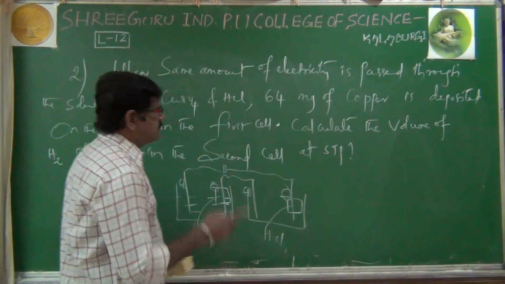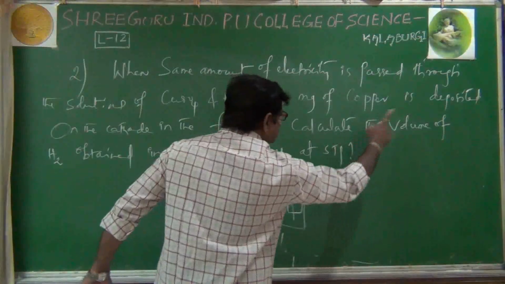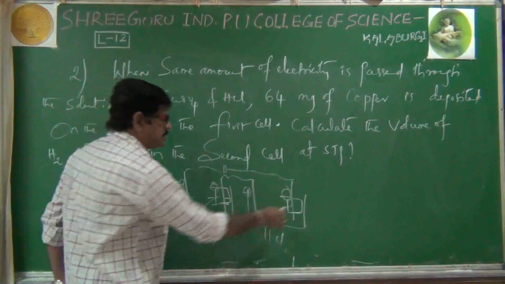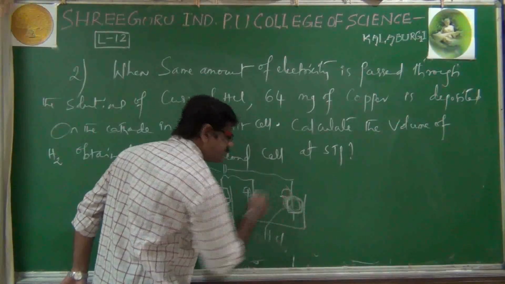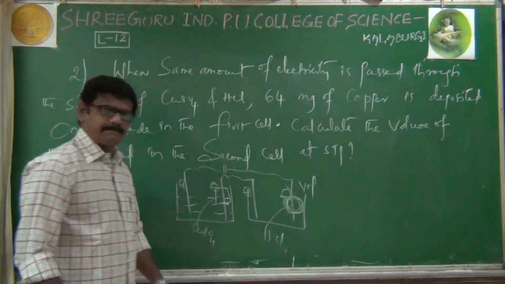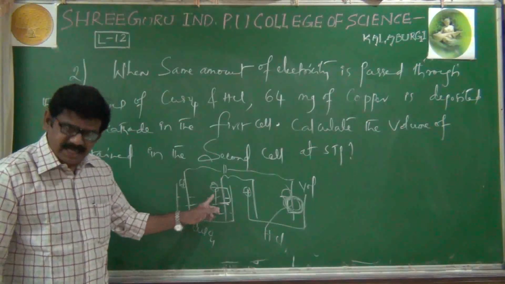But in the question, he has not asked for the mass, he has asked to calculate the volume of hydrogen obtained in the second cell. Whatever hydrogen we are getting here, its volume is asked. In the first cell, mass information has been given.